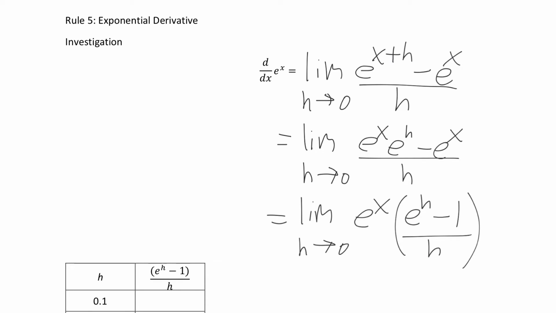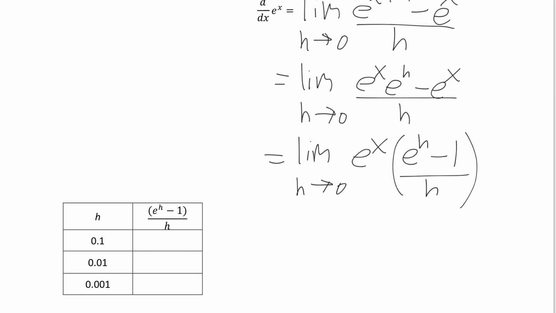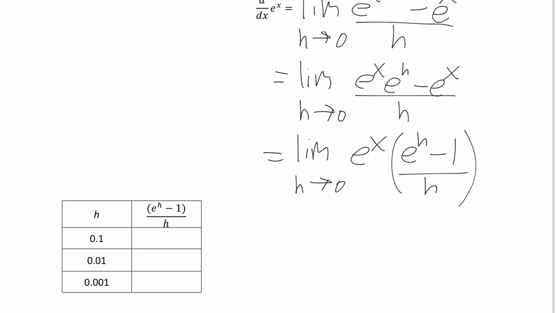But what we're going to do is a little bit of numerical investigation. So if we see here, we have the h, and we have e to the h minus 1 over h, the expression we're going to investigate. If you take h equals 0.1 and plug it in on your calculator, you should get the value 1.052, rounding off to 3 decimal places.